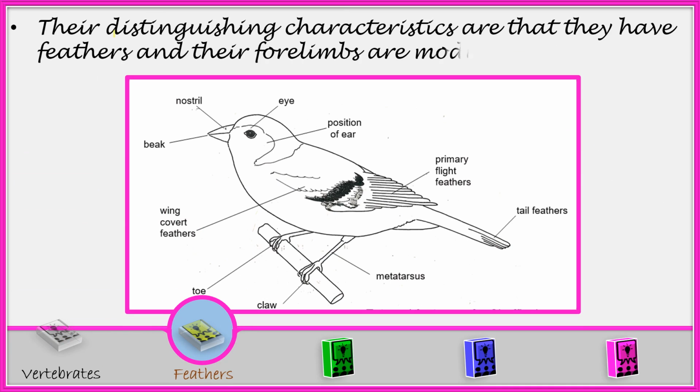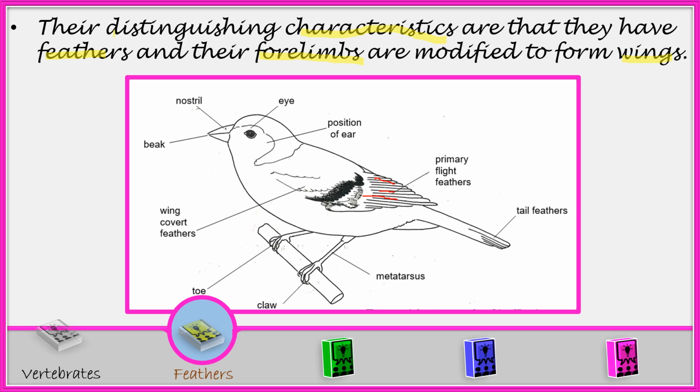Their distinguishing characteristics are that they have feathers and their four limbs are modified to form wings. So one of the characteristics that distinguish them is the feathers.